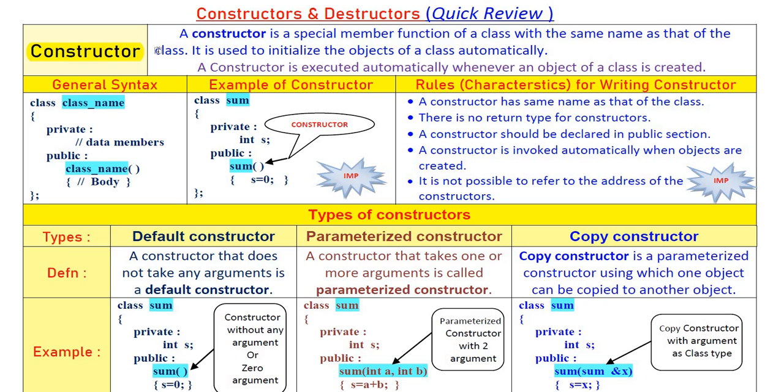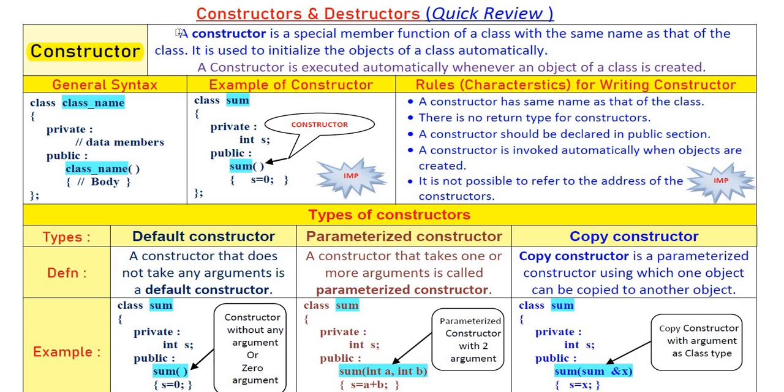But this is not a normal function, this is a special function. Why it is a special function means because this function is having same name as class name. So constructor is a function, special function having same name as class name.